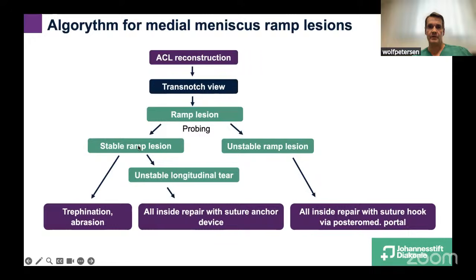If it's stable, and in combination with an unstable longitudinal tear, which is a normal longitudinal tear of the meniscus, then I would do an all-inside repair with a suture anchor device. For a stable ramp lesion, just a trephination or abrasion is enough. And when we have an unstable ramp lesion, I perform an all-inside repair with a suture hook via the posteromedial portal.